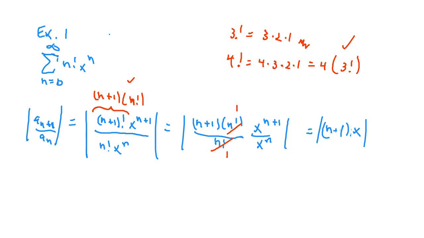But the n plus 1 can be brought out in front of the absolute value. So you have n plus 1 times the absolute value of x.